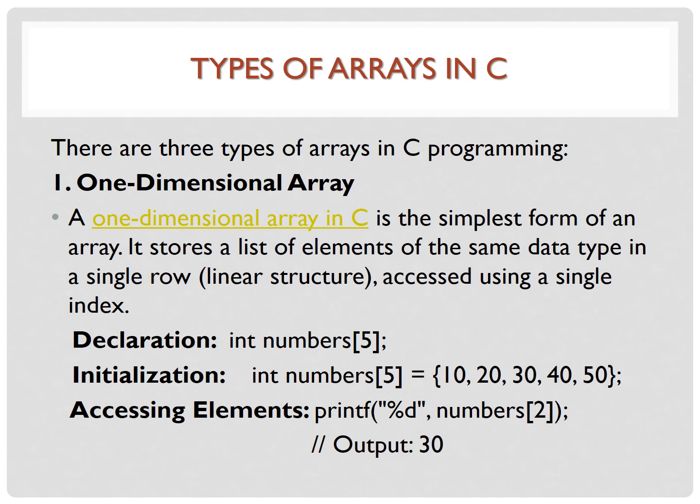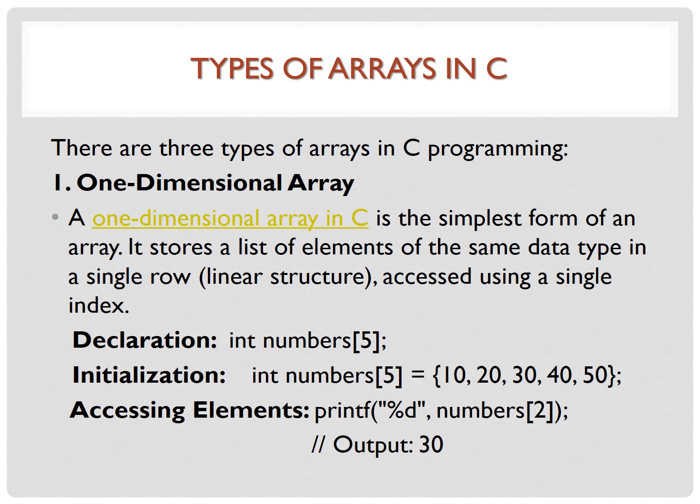Next comes accessing elements. For example, numbers[2] accesses the third element in the array named numbers. Arrays in C are 0 indexed, meaning the indexing starts at 0.